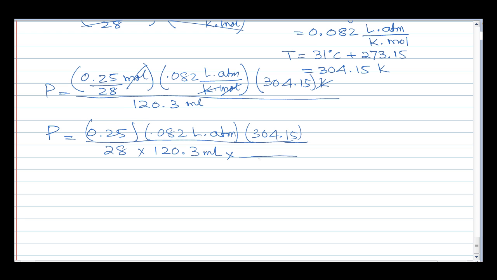We know 1000 milliliters is equal to 1 liter, so the milliliter and the milliliter cancel out, and then with this 1000 being in the denominator, we can either put this 1000 on the top, or we can divide this 120.3 by 1000.